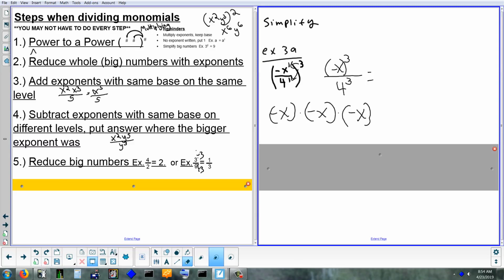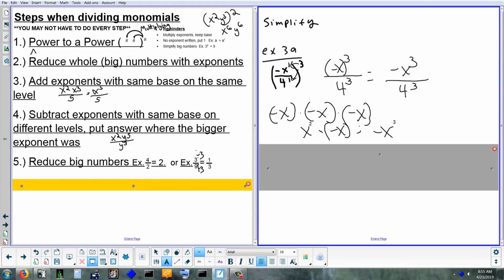A negative times a negative ends up being positive x, times negative x. A positive times a negative is a negative. So like I said, negative base, odd exponent, negative answer. Negative base, even exponent, positive answer. So I'll get negative x cubed over 4 to the third.